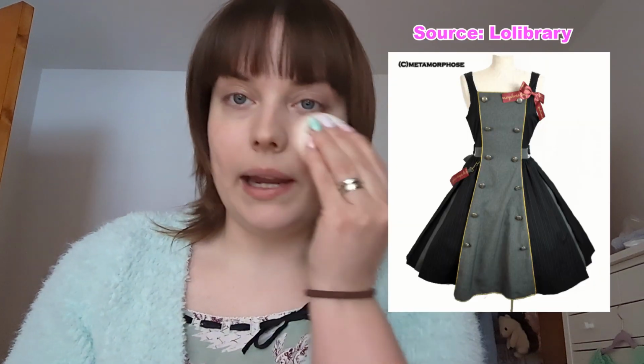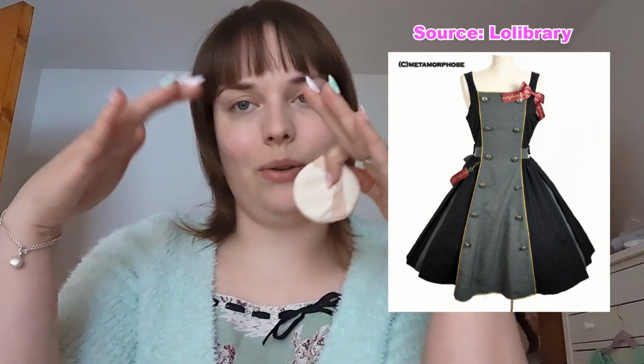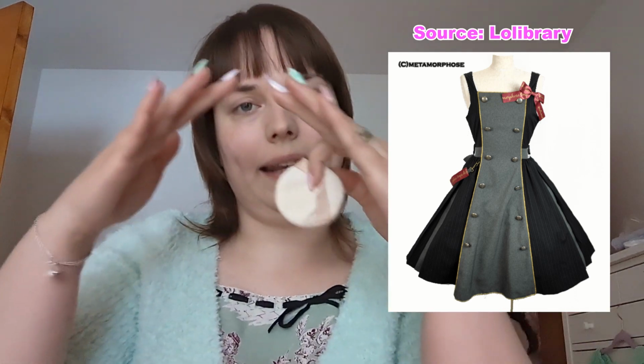For the silhouette part, there is cupcake and A-line. So A-line is basically it looks like a letter A, so it's very straight lined. It doesn't really have much gathering on the skirt part, whereas the cupcake shape is more of a round bell shape skirt.